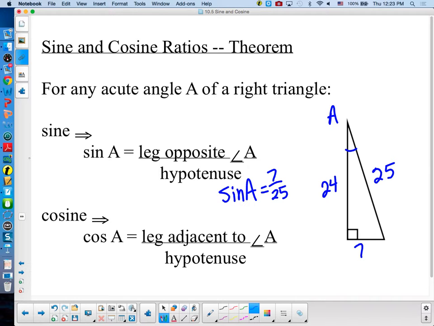How about the cosine of angle A? The leg that's adjacent to A compared to the hypotenuse. 24 over 25. Right.